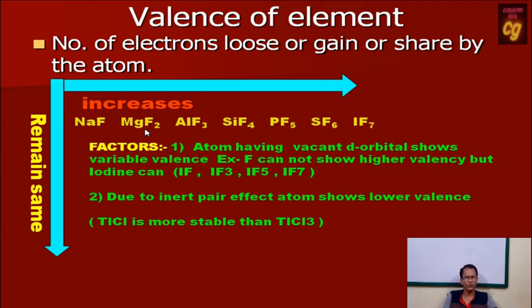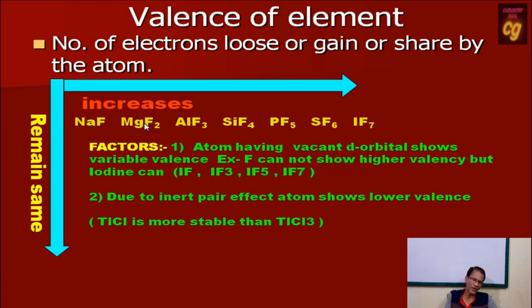From sodium to the halogens, sodium produces NaF, magnesium produces MgF2, aluminum AlF3, silicon SiF4, phosphorus PF5, sulfur SF6, iodine IF7. As the valency increases from left to right, the formula changes: monovalent, divalent, trivalent, tetravalent, pentavalent, hexavalent, and heptavalent.